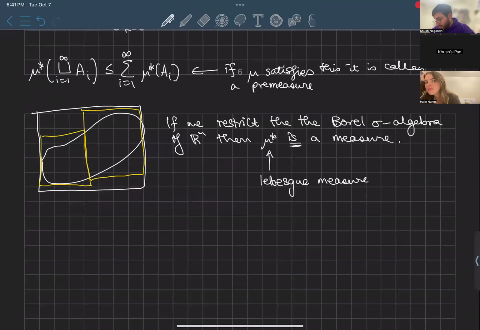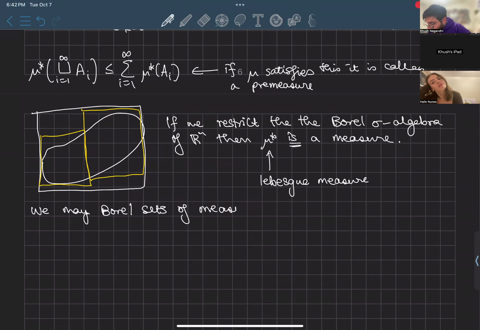Okay. So what we're gonna do is extend. We may have Borel sets of measure zero whose subsets are not measurable.